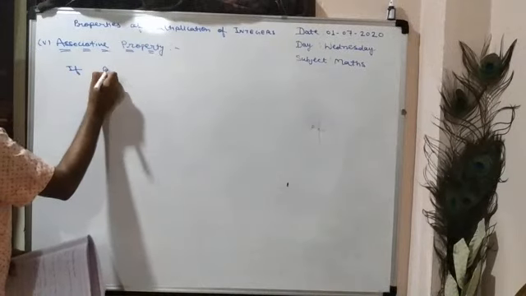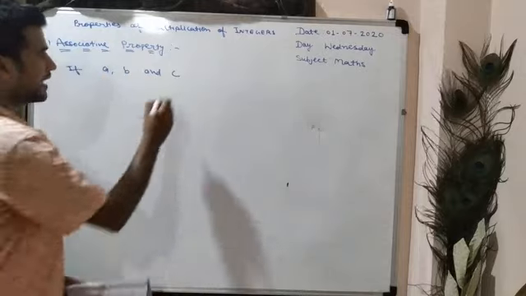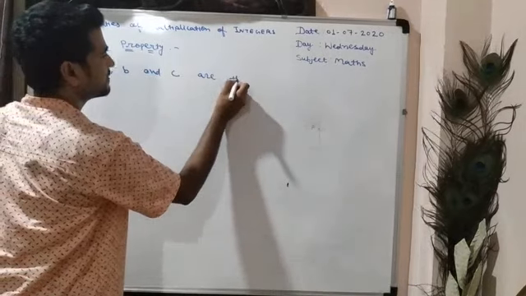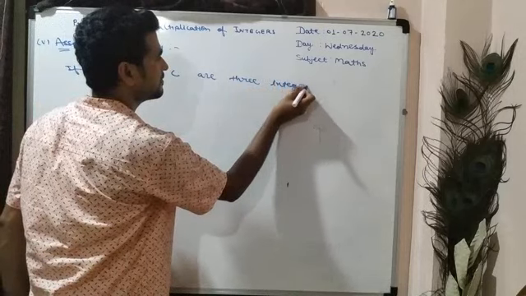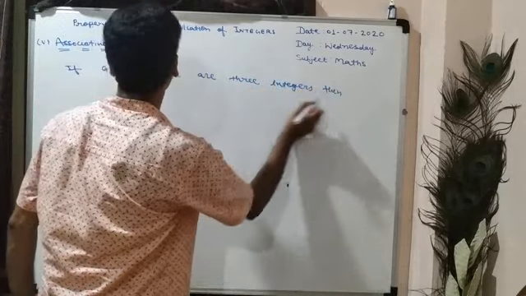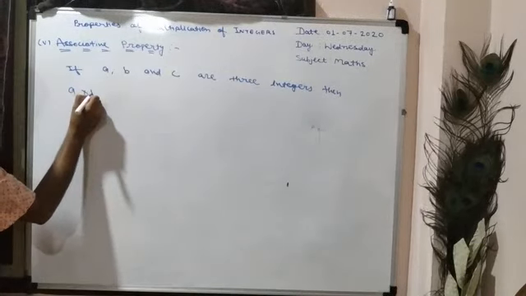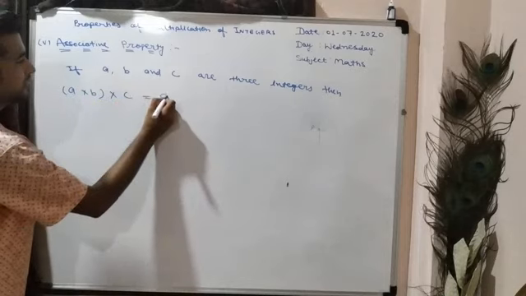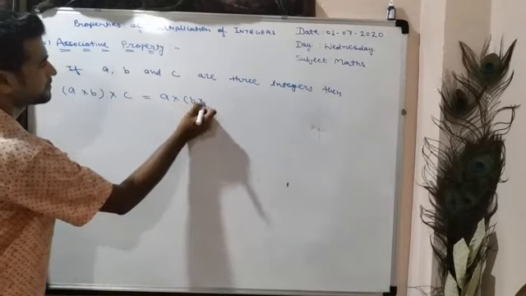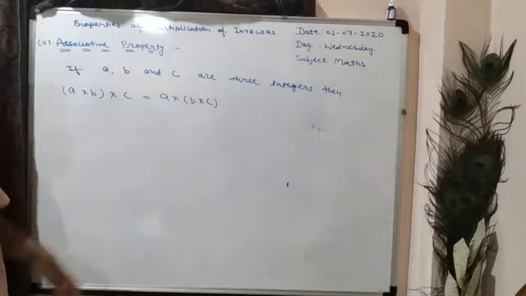If a, b and c are three integers, then according to this property we can write a into b in bracket, multiplied with c, that is equal to a into b into c in bracket. So what is the associative property?